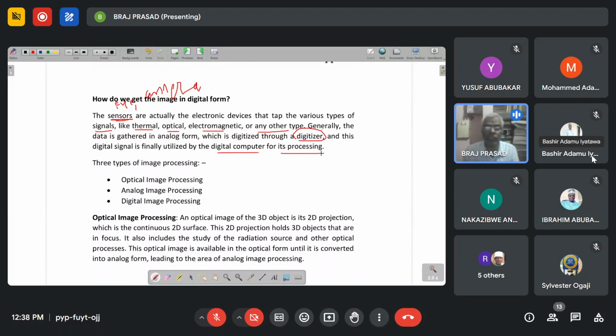Analog data cannot be shifted from one place to another easily, but digital data we can transmit from one location to another in nanoseconds or in minutes.